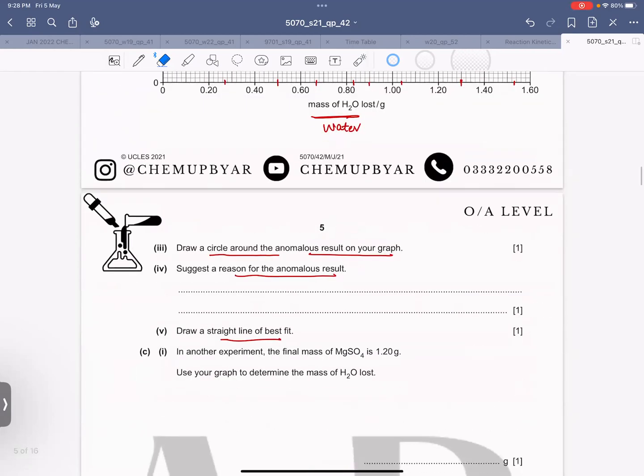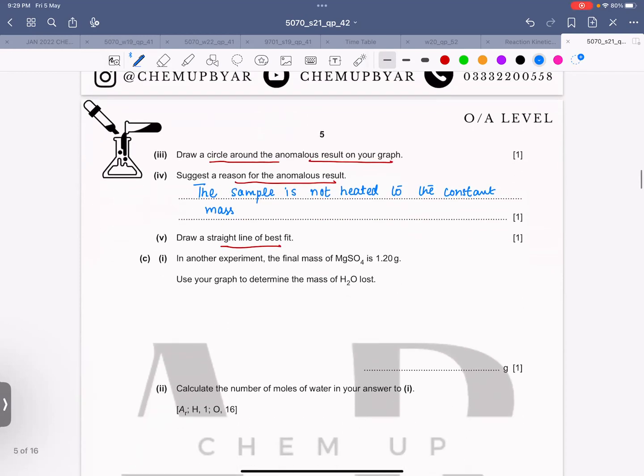So the reason would be that the sample is not treated to the constant mass, or instead you can write that there must be some water in it. Is this clear? Yes, sir.